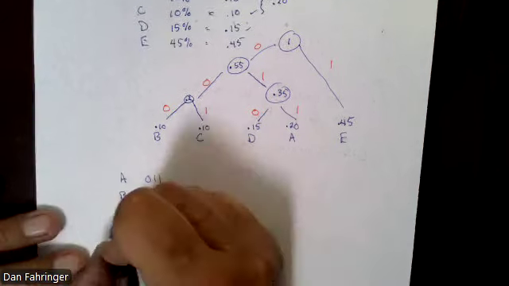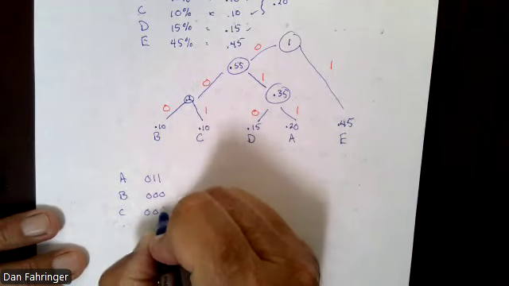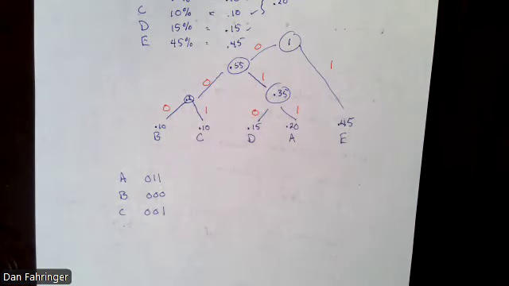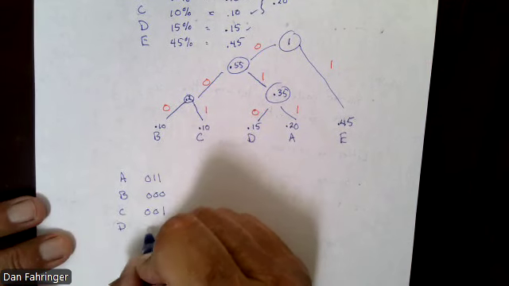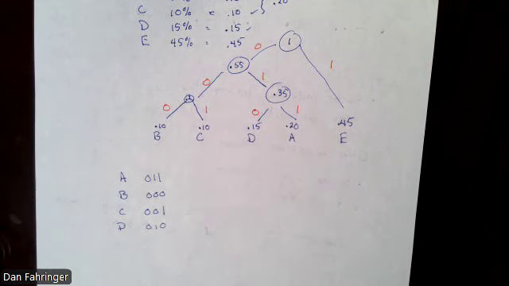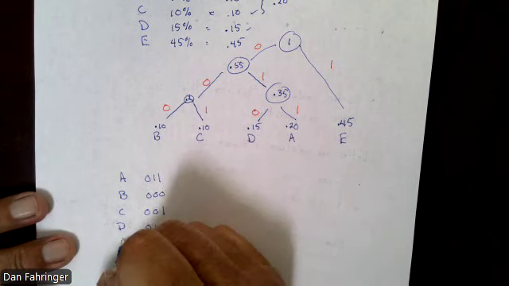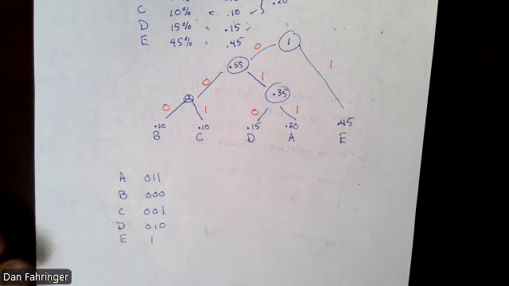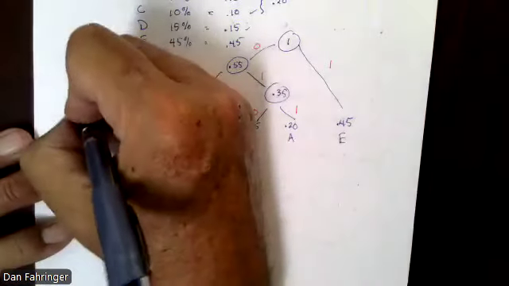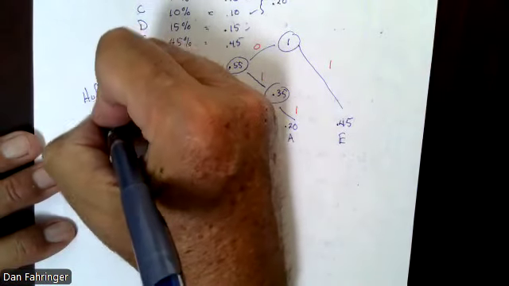Letter C, 001. Letter D, 010. Letter E is just a 1. Now, this thing is called a Huffman code.